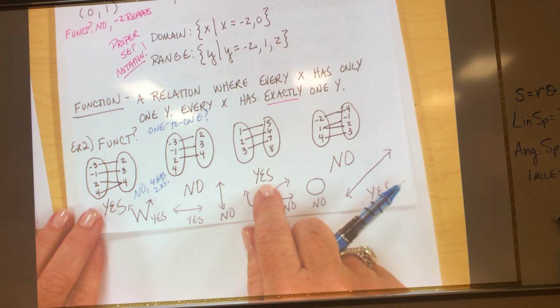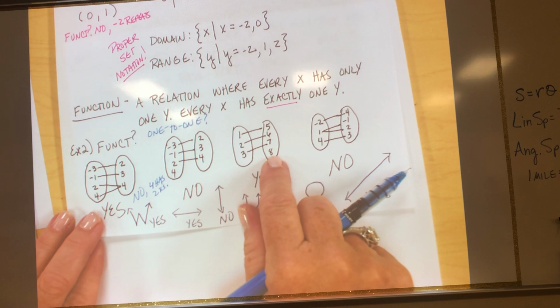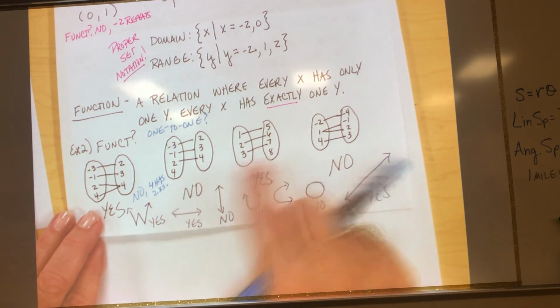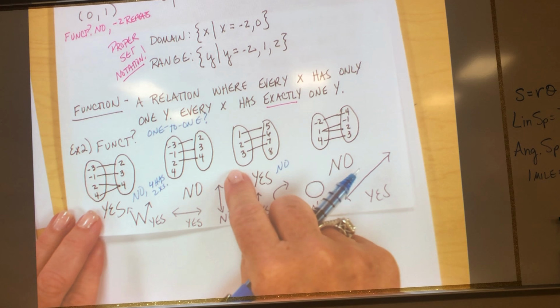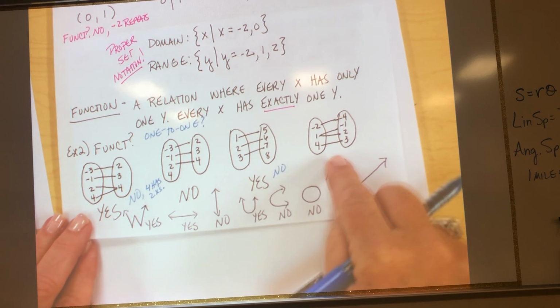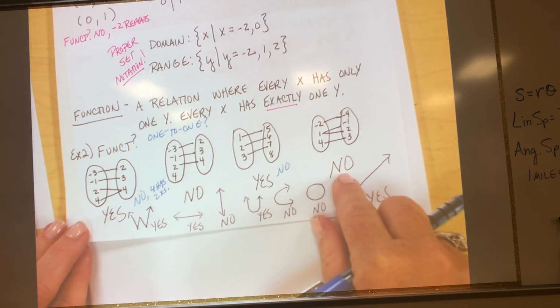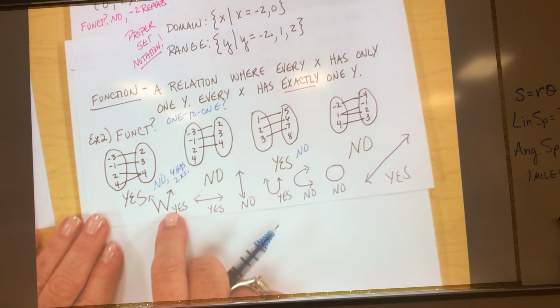Yeah, this guy right here, does he have exactly one x? No, okay? So yes, he is a function, is he one-to-one? No. 8 doesn't have an x, okay? So, what about this guy? Nope. Y'all, he's not a function, he can't be one-to-one, alright? So now we're looking at graphs, so what am I thinking?